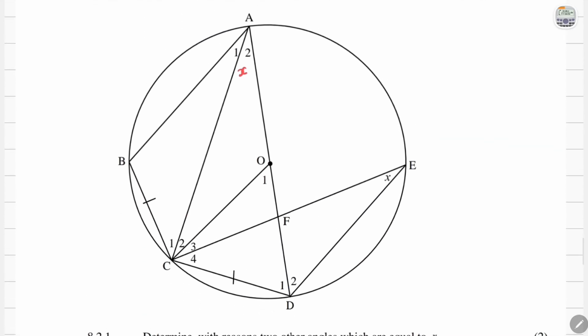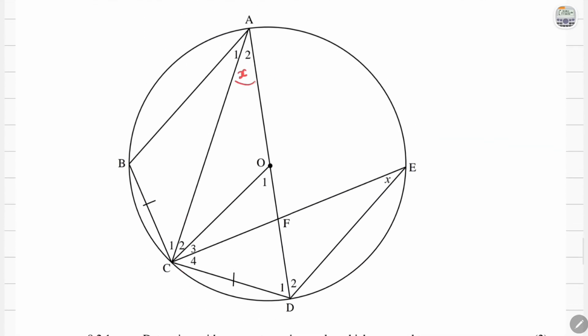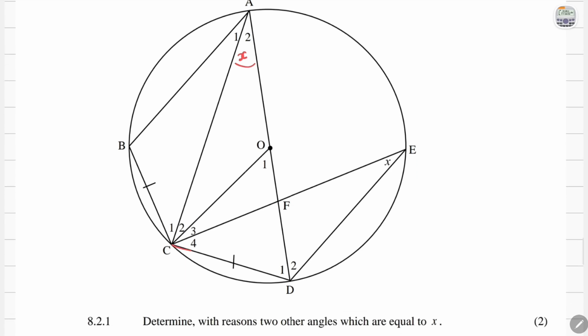And where else do we see another angle equal to x? Okay, so do you see that the size of CD and the size of BC are exactly the same? If we have this situation, they're being supported by a chord of the same length, meaning they would also support equal angles. It's just like with this case, you see how they're supported by the same chord because that chord is the same length. So these would also be equal as well. So that is also equal to x.